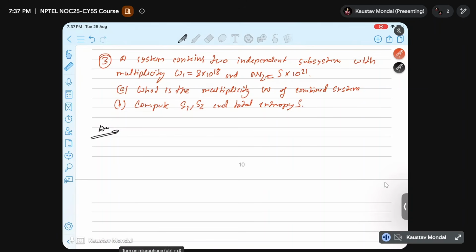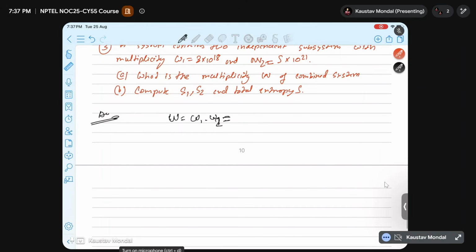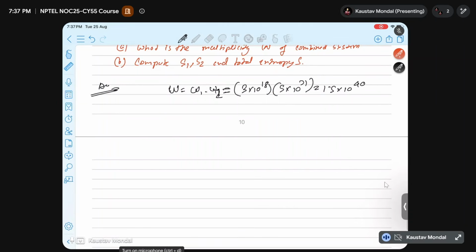Since these are two independent subsystems, the total multiplicity will be the multiplication of the two different multiplicities, W1 into W2. W will be equal to W1 into W2. So it will become 3 into 10 to the power 18 into 5 into 10 to the power 21, which gives you 1.5 into 10 to the power 40. This is the total multiplicity.